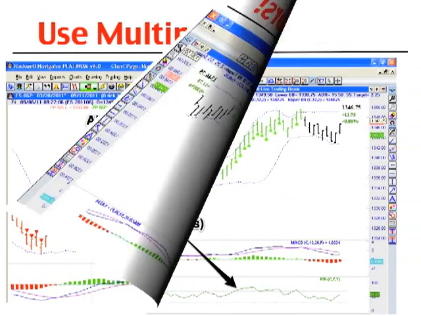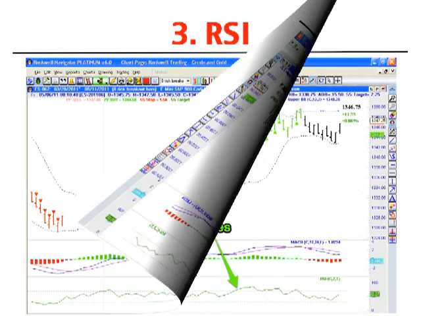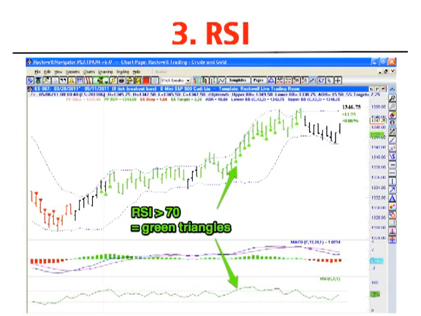So in addition to these two indicators, I like to use the RSI for confirmation. Now the RSI is the Relative Strength Index, and I use a setting of 7 bars for this indicator. And the RSI is measuring the relative strength of a trend. And here's how I use it. In a strong uptrend, you will see that the RSI moves above 70 and stays there for a while.